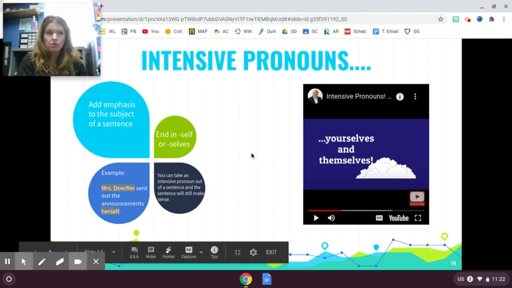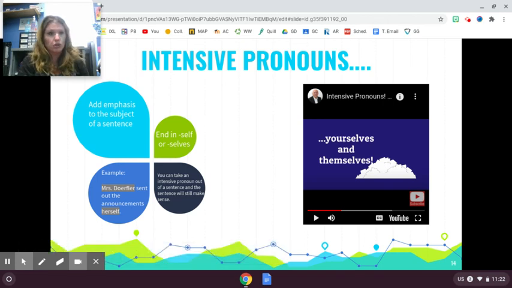Intensive pronouns are very similar to reflexive pronouns, which we're not going to talk too much about, but you might see it come up. A reflexive pronoun still ends in self or selves, but they look a little different because they're the same as the subject of the sentence and the object of the sentence. So it might be something like, he believed in himself. That's a reflexive pronoun. Kind of the difference there is that if I take out the himself, the sentence doesn't make sense. It becomes, he believes in, and then I don't know what.